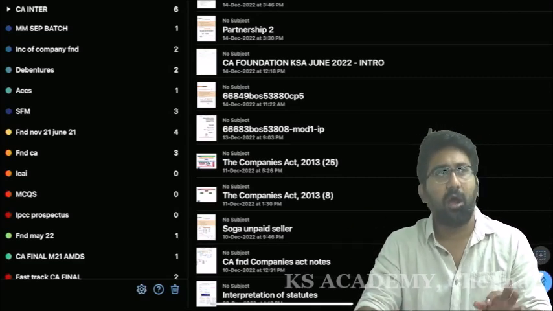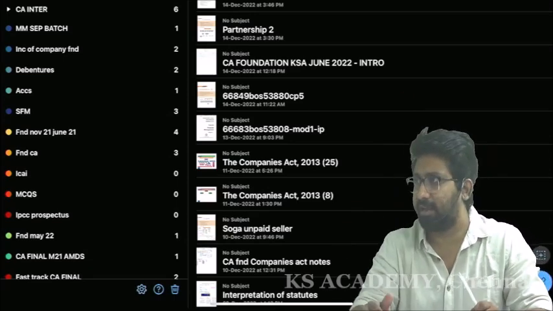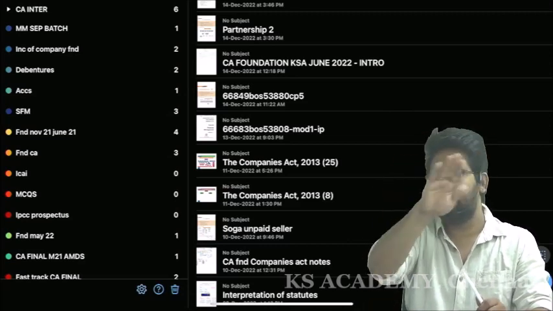Next, after that, registrar will be having a sequence, hierarchy. Assistant registrar, additional registrar, main registrar.